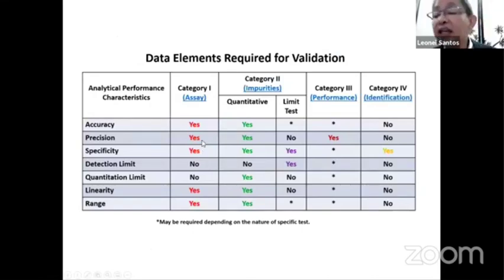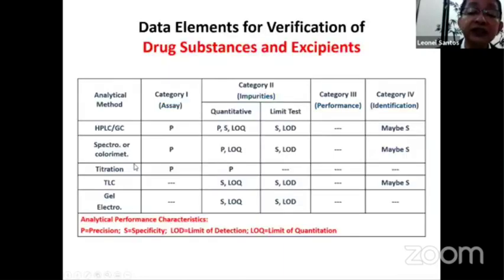This is the table that describes the data elements for validation, and this is the one that I was going to provide you as a recommendation to perform verification. This first slide is for drug substances and excipients. It would depend on the analytical method being used.